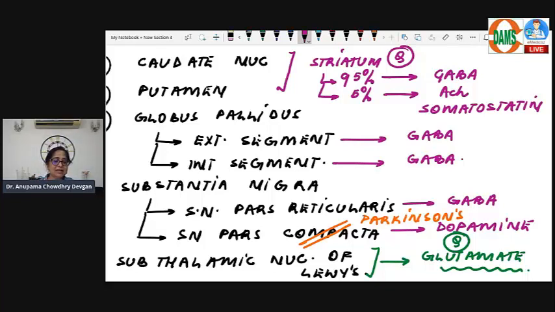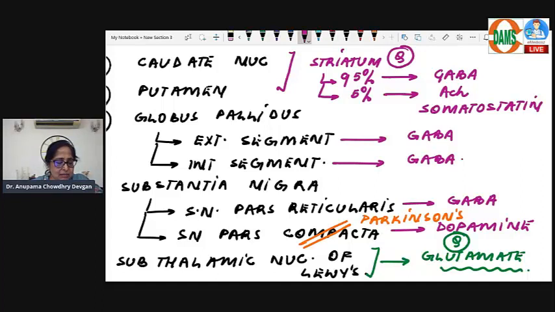In Parkinson's, it is the pars compacta neurons which are going to be affected. Subthalamic nucleus of Luys is the only one which secretes an excitatory neurotransmitter, and that is glutamate. So these are the different parts of the basal ganglia and the neurotransmitters secreted by them. Okay?